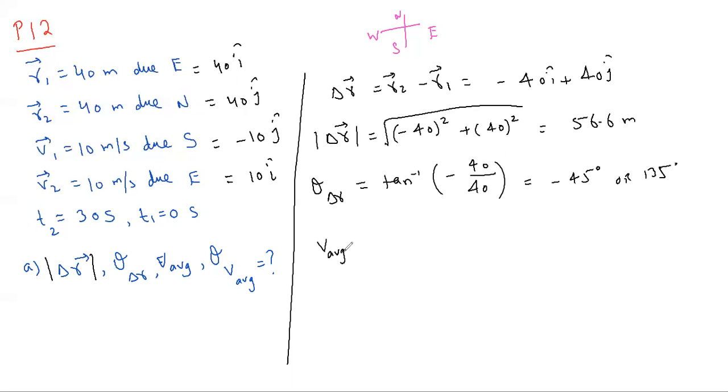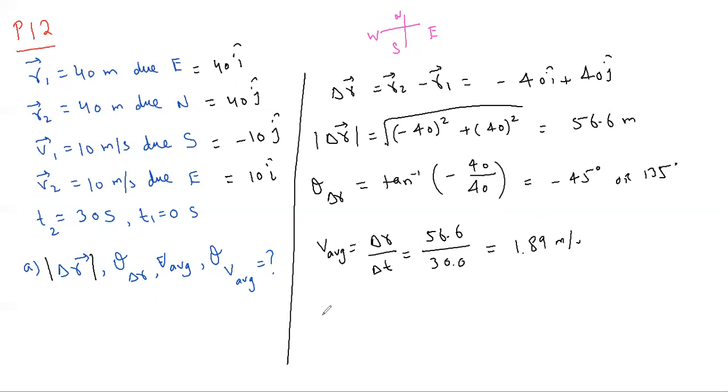V average, average velocity, is delta R by delta T. I'm not going to write the vector notation here. So this will be 56.6 over 30, which turns out to be 1.89 meter per second. Remember, for the sake of the unit vector notation, I just have to put this like 30.0, so both of these will have three significant digits.